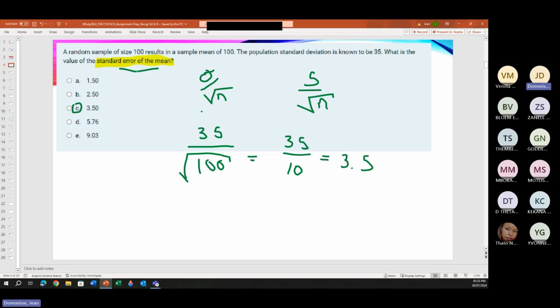Very important again to look at the standard error of the mean, and just why it is important. So when we get to the question around the confidence interval, remember this component is always the standard error of the mean.